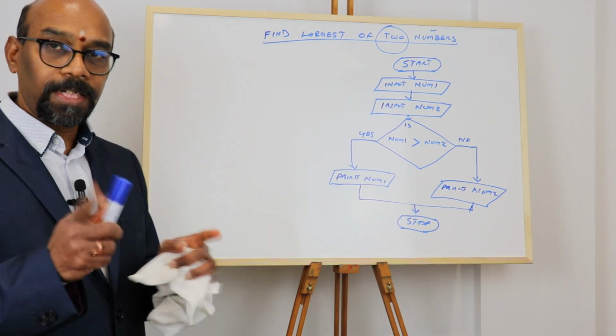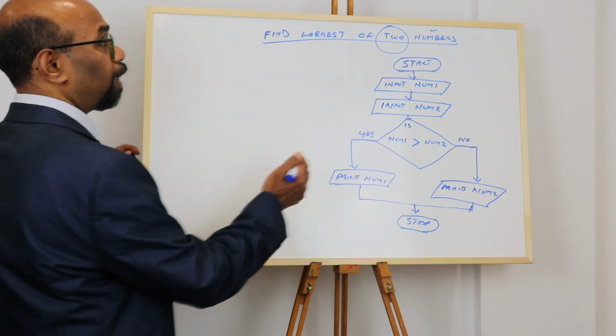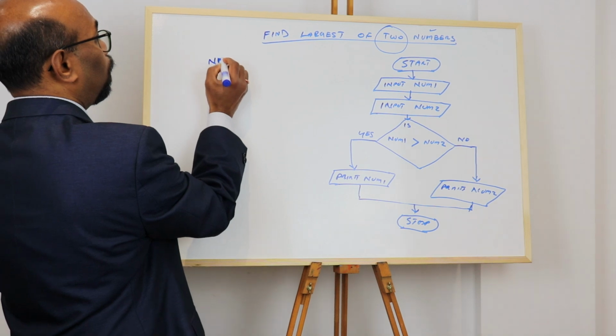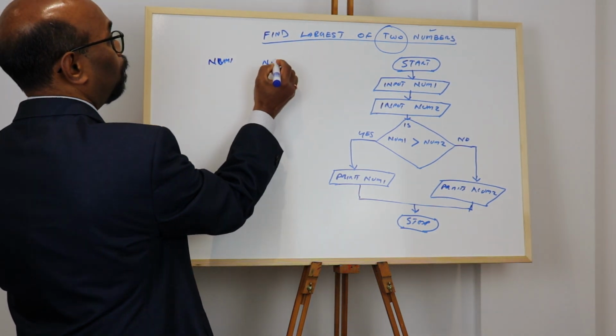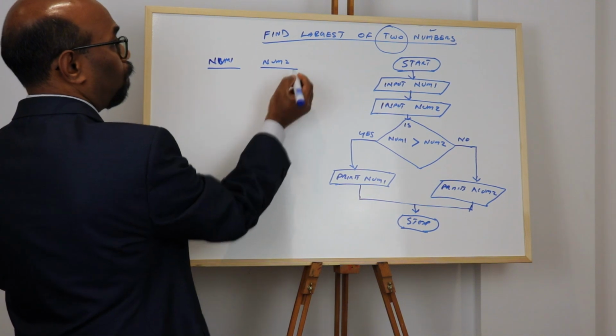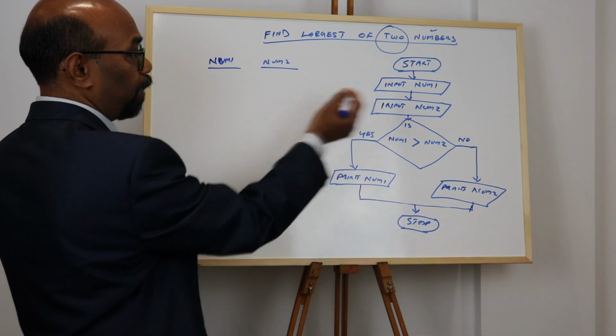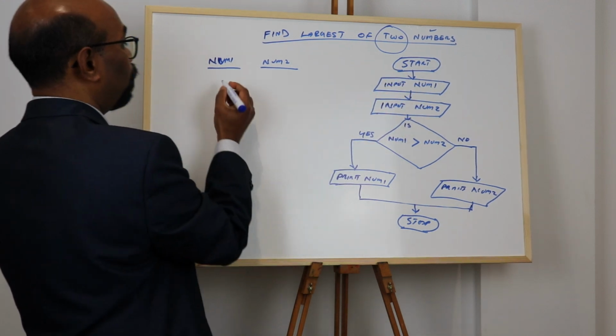Therefore, next is testing. How many variables do we have? Number one and number two. We have two inputs there. Let's apply input values to the number one and number two variables.